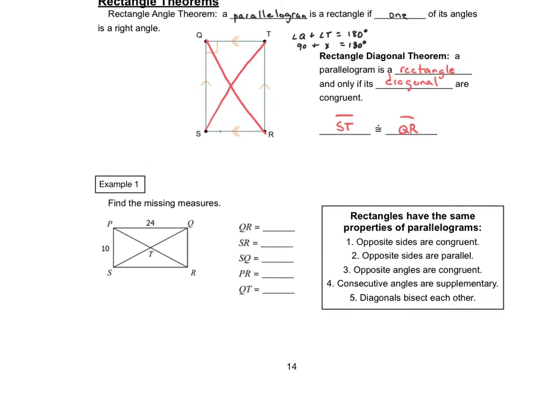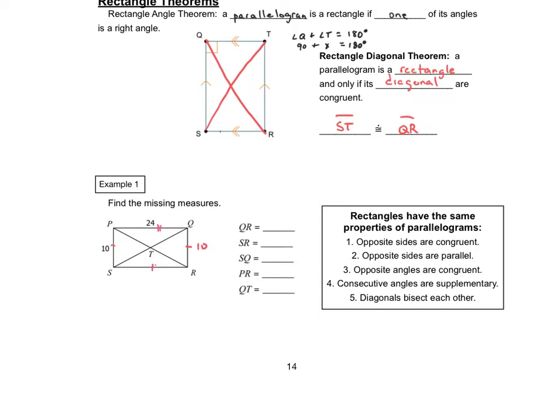To find the missing measures here, we have to remember that rectangles have the same properties as parallelograms. Opposite sides are congruent, opposite sides are parallel, opposite angles are congruent, consecutive angles are supplementary, and diagonals bisect each other. So I know that opposite sides are congruent. This side is congruent to this side.